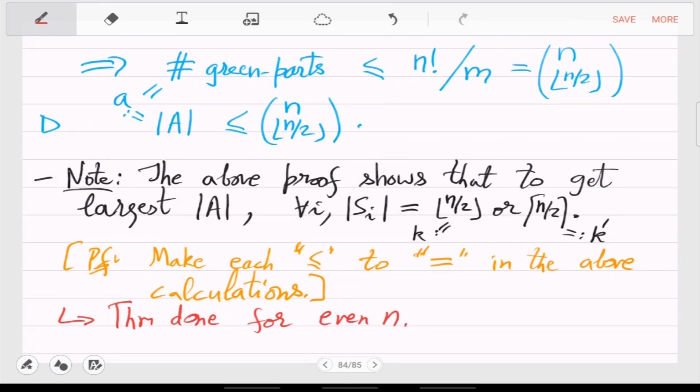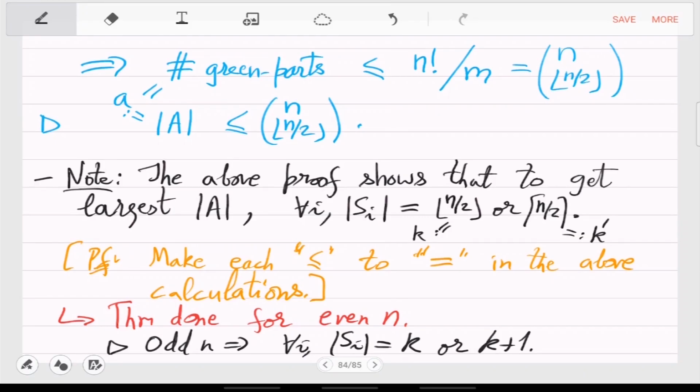So from now on, what we will be struggling with is odd n, right? Because in odd n, the sets can be of two sizes, either n minus 1 by 2 or n plus 1 by 2. So in the case of 101, it can be 50 or 51. So maybe we write that down. So odd n means that for all i, your Si is either size k or k plus 1. k plus 1 is basically k prime above.